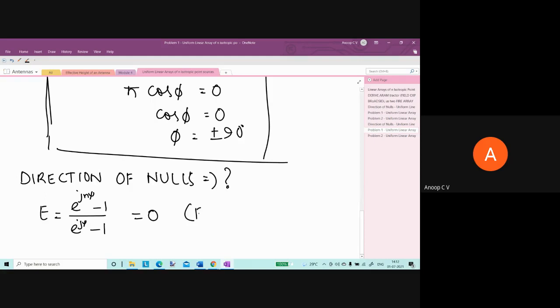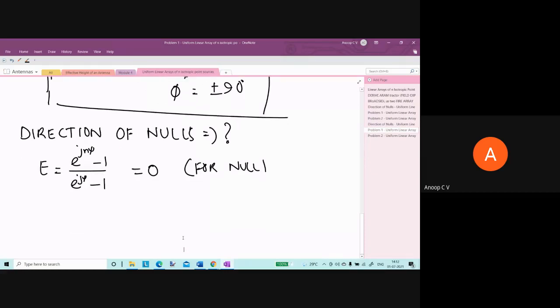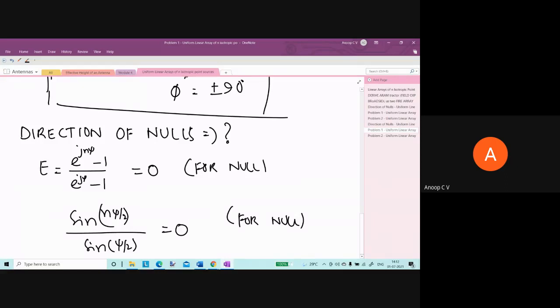Or else I can write sine n psi by 2 divided by sine psi by 2. This should be equal to 0 for null, right? So can anyone try out how to find the direction of null?